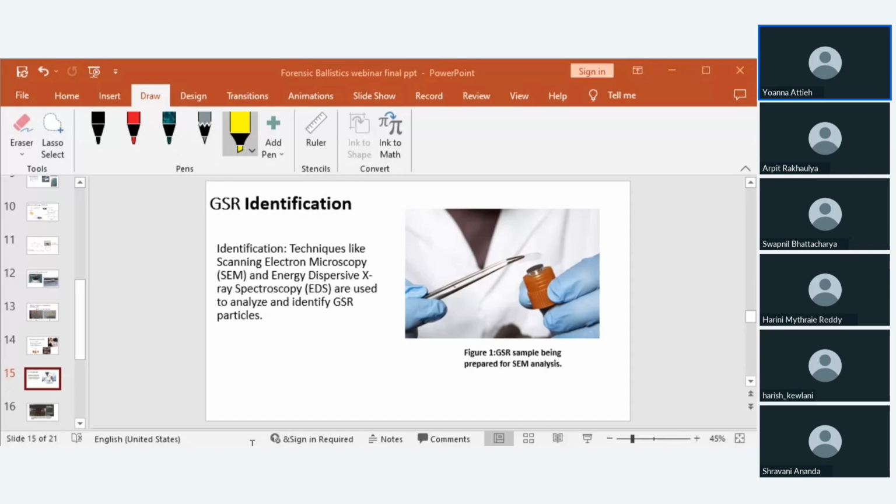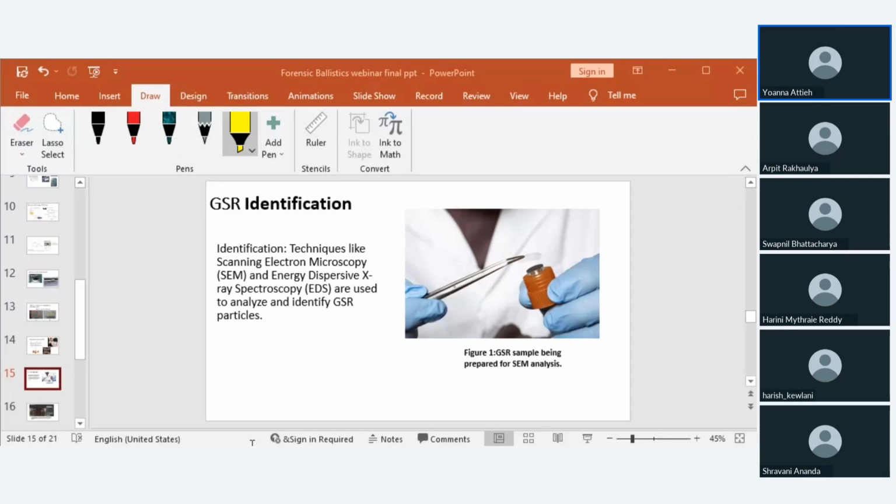So the inorganic particles, guys, that are particularly useful in identifying gunshot residue are those containing lead, barium, and antimony. These elements come primarily from the primer, which is the small but powerful explosive charge that ignites the propellant.